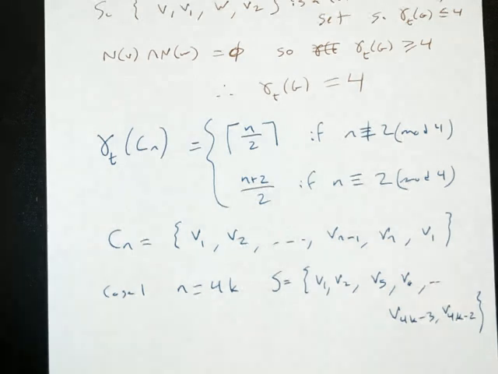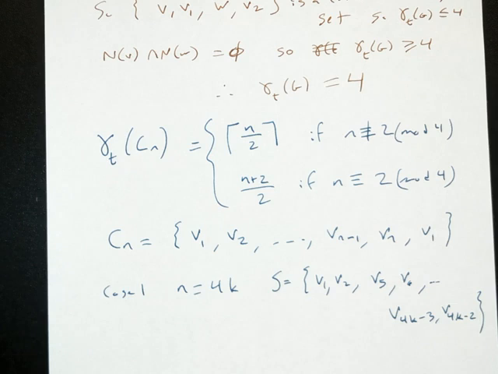Notice what I didn't pick is V(n minus 1). Because V1 covers Vn. V(n minus 2) covers V(n minus 1). So I pick 2, skip 2, pick 2, skip 2, pick 2, skip 2. And each set of 2 covers the one before it and the one behind it. That's exactly half, right? But 4k is evenly divisible by 2.